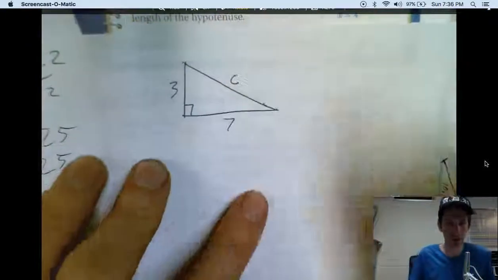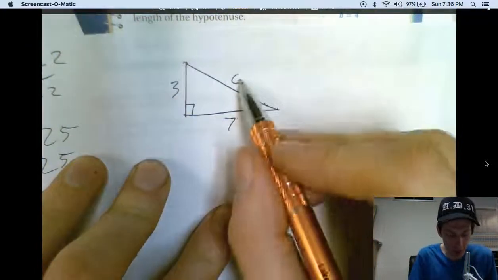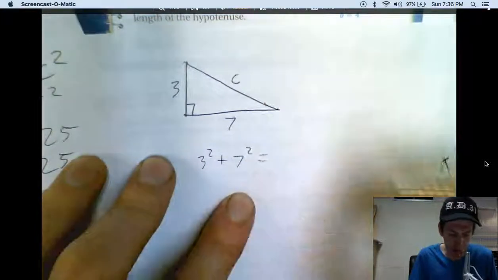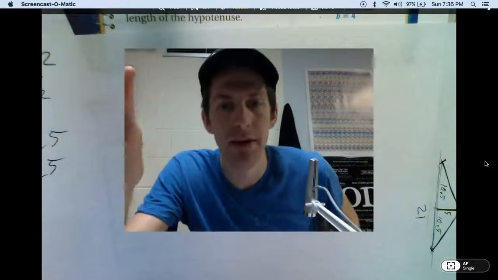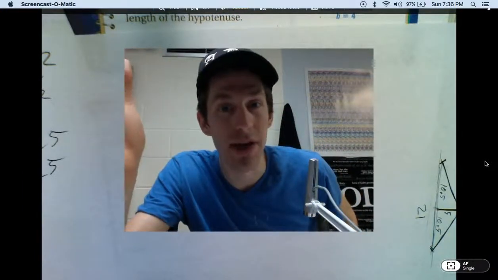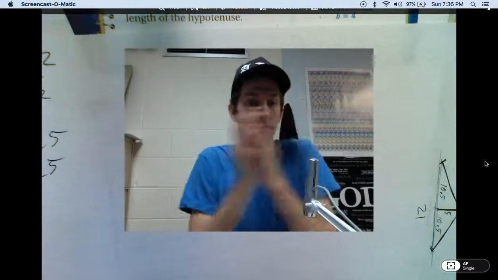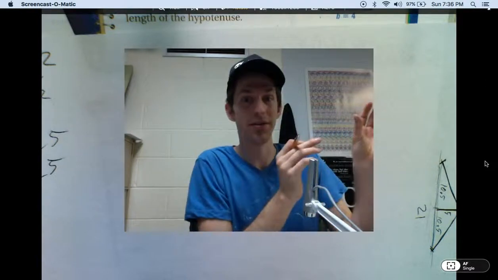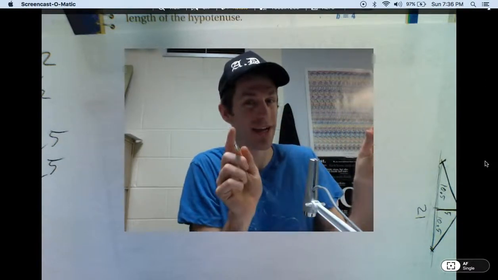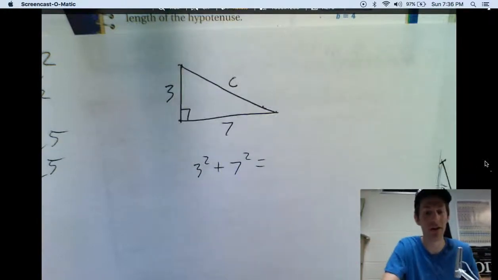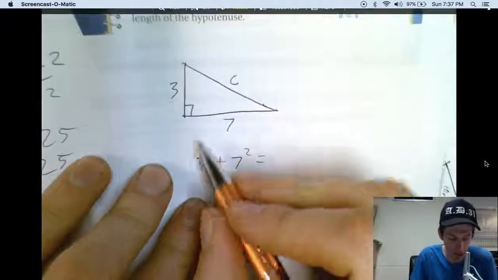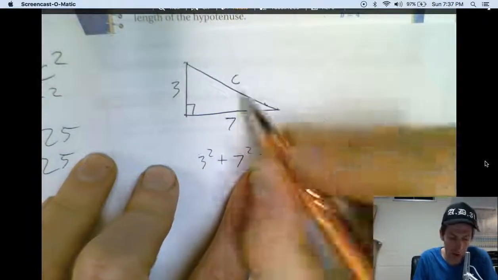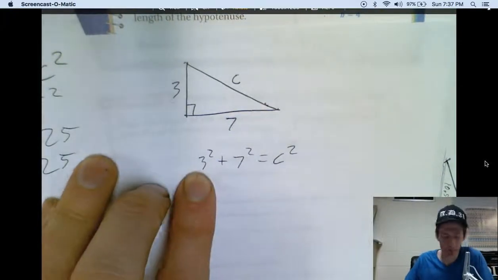All you would do is, this is leg, leg, hypotenuse, so 3 squared plus 7 squared equals, now guys, a lot of times people first learning the Pythagorean theorem, they put a squared plus b squared equals c. That's not right. You've got to have c squared. So look what I do here. a squared plus b squared, a and b are the legs, equals c squared. Okay, let's figure this out.